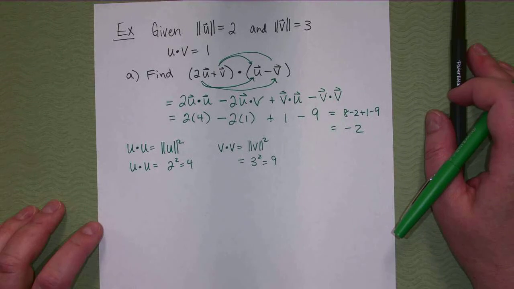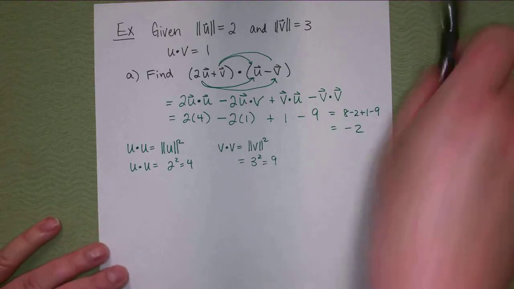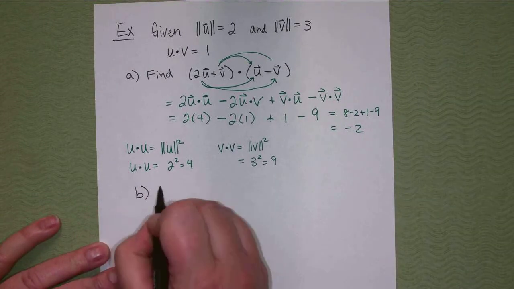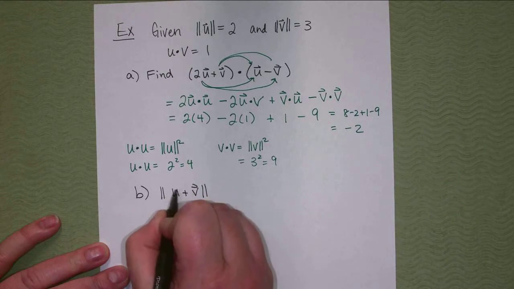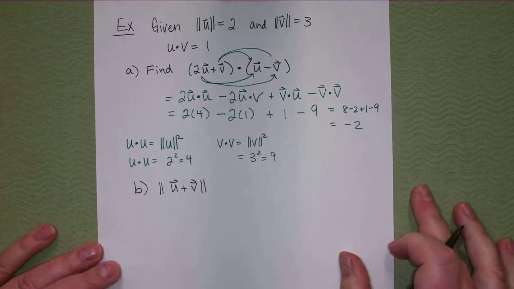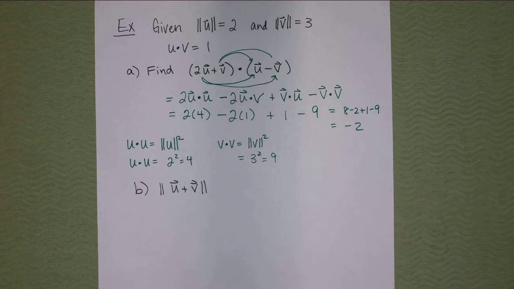What about this one? Say we had the length of u plus v. Normally if you were asked this and you knew the two vectors, you would add them together first and then find the length.